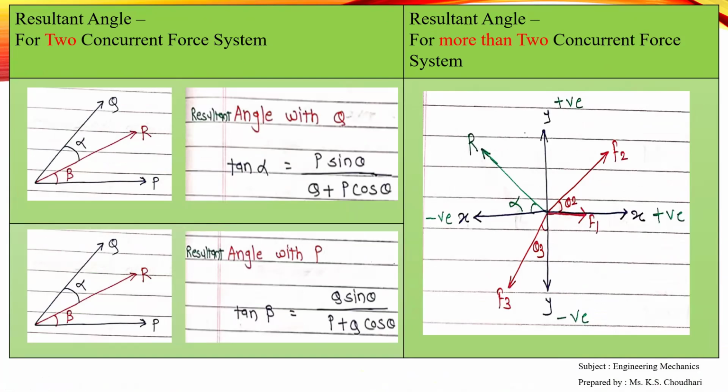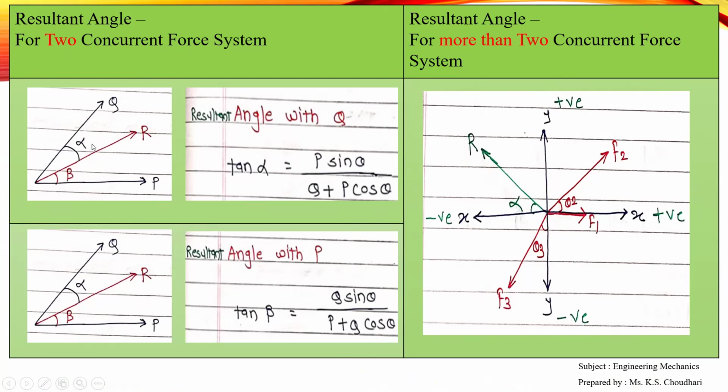Okay. Now listen. Look at here. This is the concurrent force system, force P and force Q, and this is the resultant. This resultant makes angle beta with force P, and this resultant makes angle alpha with force Q. Now we will find the angle with Q, that is alpha.